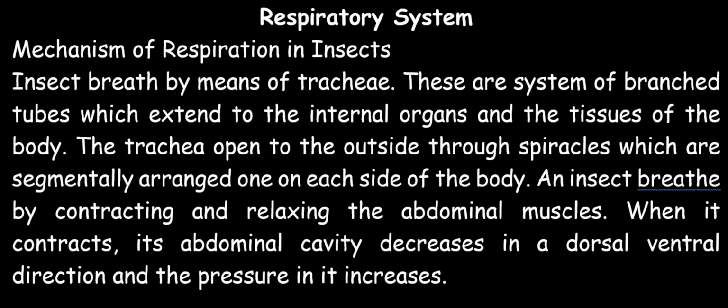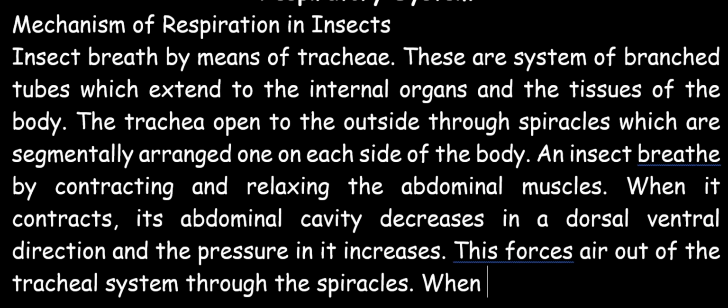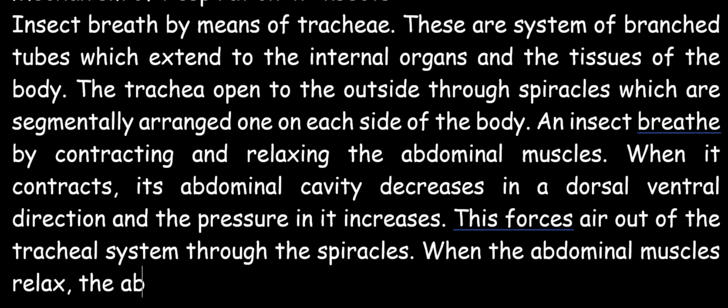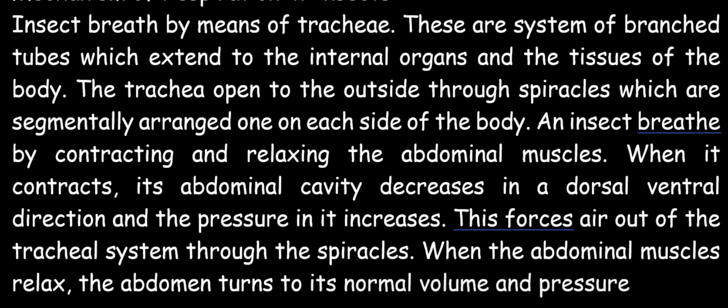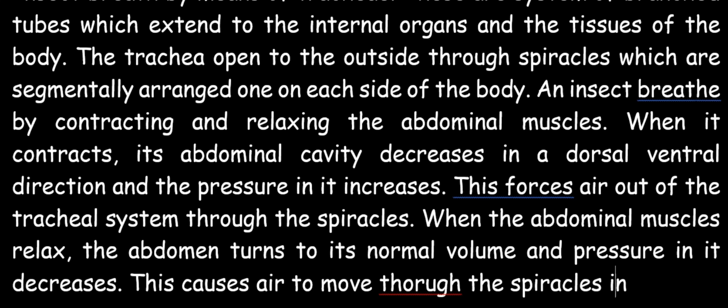When we say dorsal ventral, we mean from back forward. This forces air out of the tracheal system through the spiracles, and when the abdominal muscles relax, the abdomen turns to its normal volume and pressure in it decreases. The effect of this is that this causes air to move through the spiracles into the trachea.